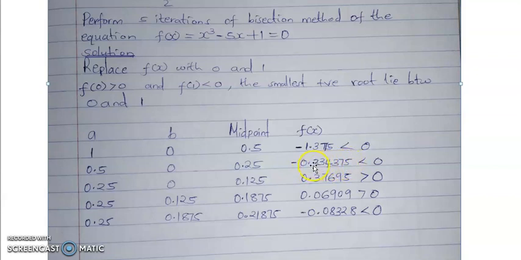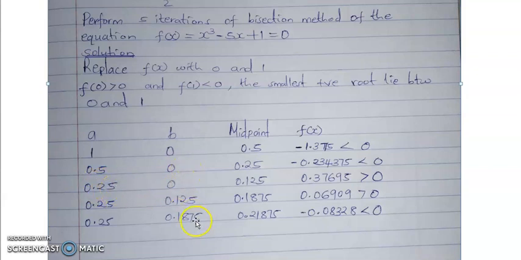Now you look for the value which you had gotten negative between 0.5 and 0. For 0 it is greater than 0. Now, you're not supposed to replace 0, you're supposed to maintain 0. You write your midpoint here in place of that value which you had gotten negative.